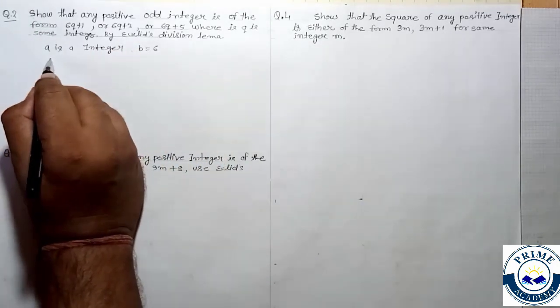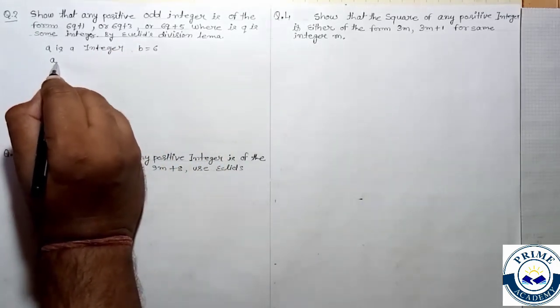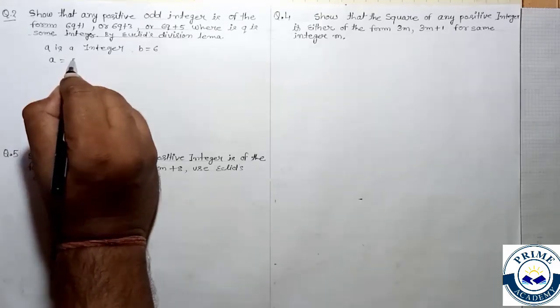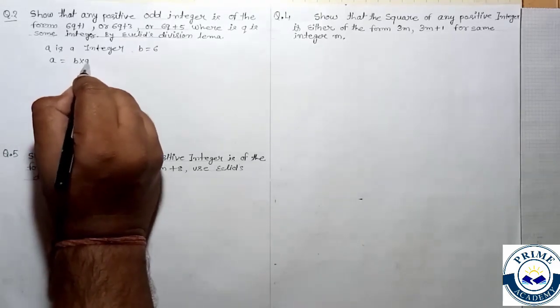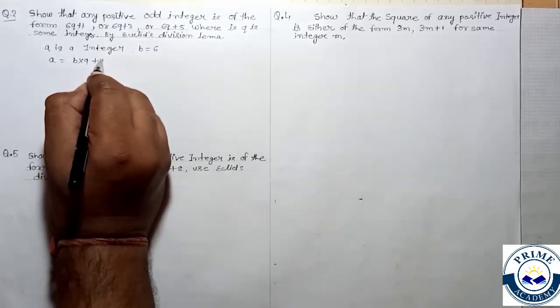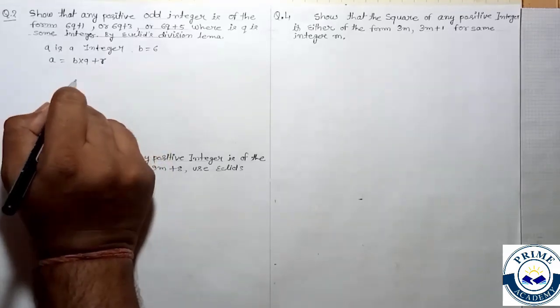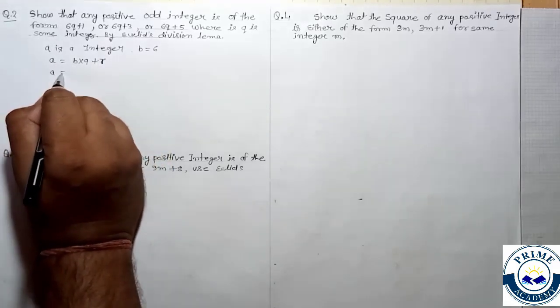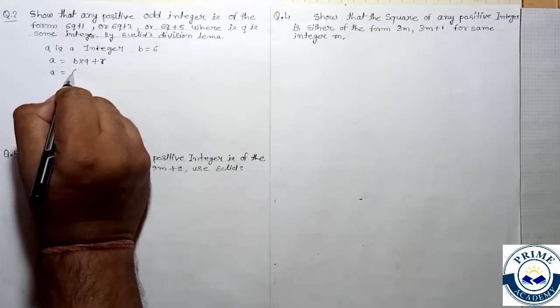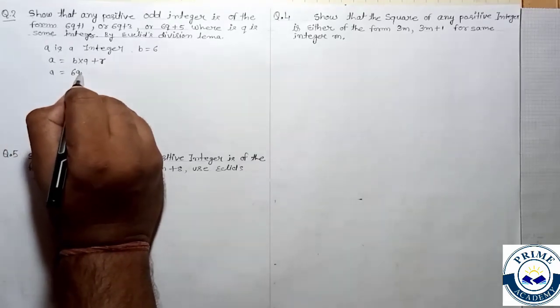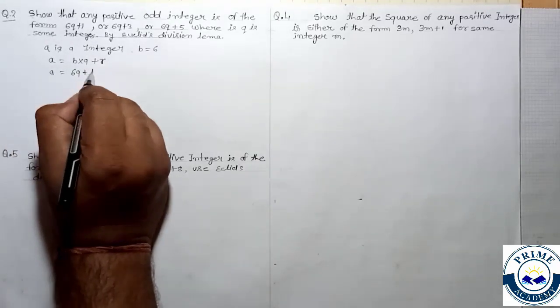So by comparing with Euclid division lemma, a equals bq plus remainder r, where in the place of b I can write 6q plus 1 according to this.